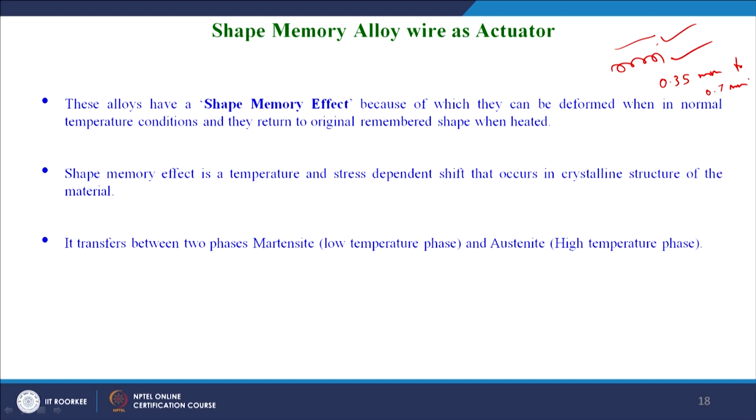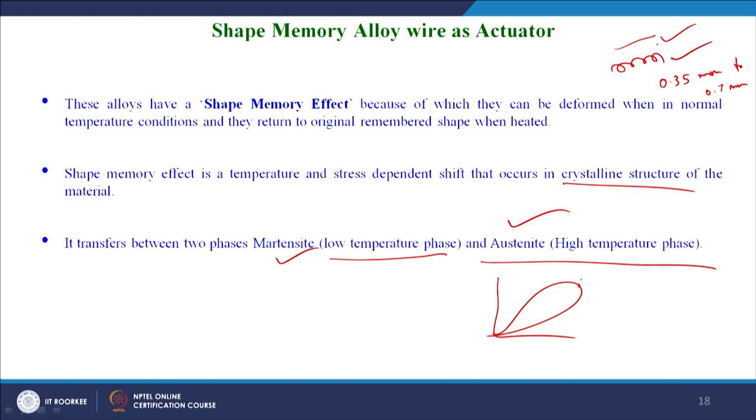Due to this crystalline structure change, they undergo a phase change from the low temperature phase, called martensite, to the high temperature phase, called austenite. They also have non-linearity due to the hysteretic effect.